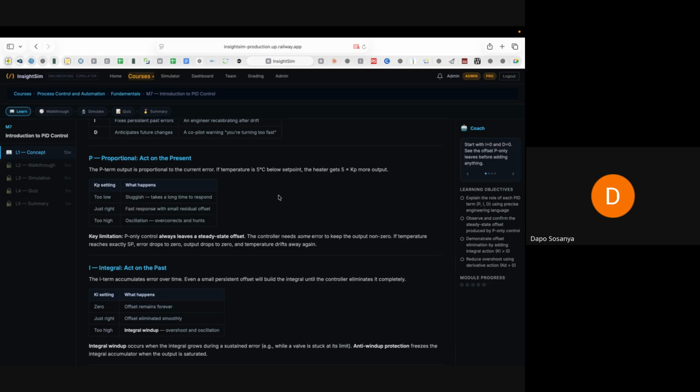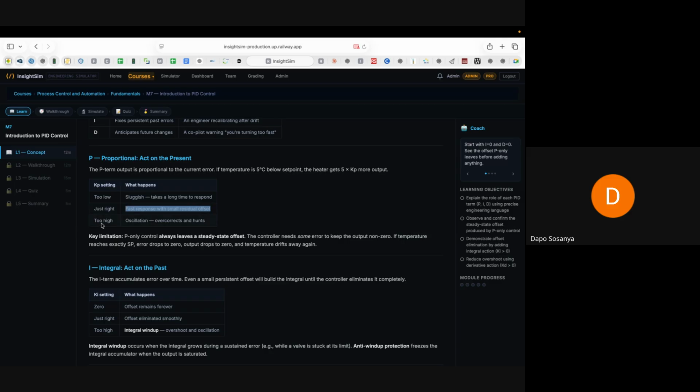It's a direct proportion relationship. So if Kp is too low, you will see the reaction will be sluggish. That is, it takes a long time to respond, right? If it is just right, you'll see fast response with small residual offset.